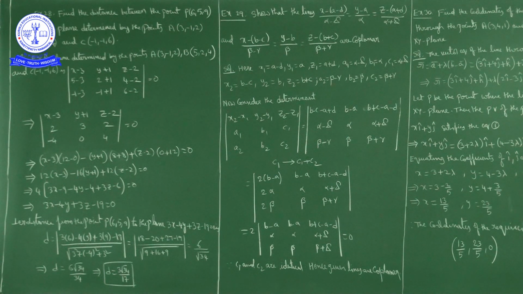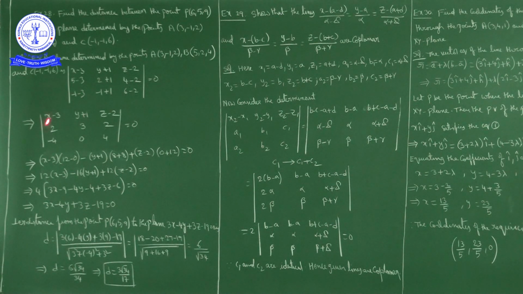Okay, and third row x3 minus x1, minus 1 minus 3, y3 minus y1, minus 1 plus 1, z3 minus z1, 6 minus 2. Okay, this determinant is equal to 0.